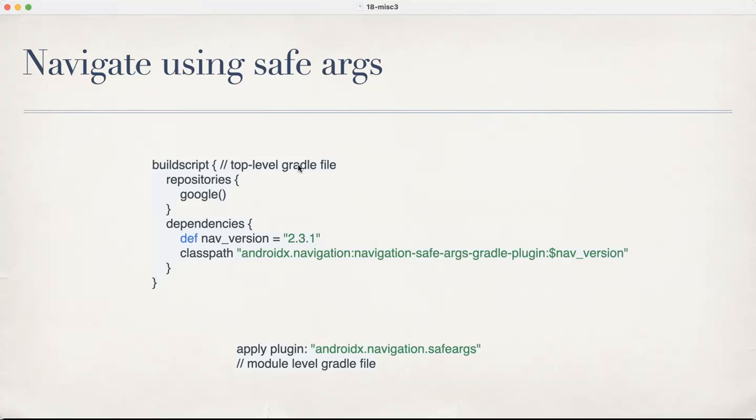So in the top level Gradle file, not the app level, the top level Gradle file, you have to specify a dependency on the navigation safe args Gradle plugin. And then in the app level or module level Gradle file, you have to enable the plugin Android X navigation safe args.